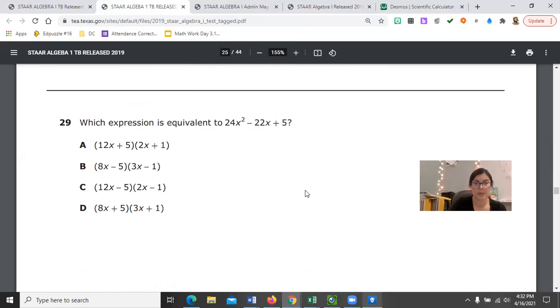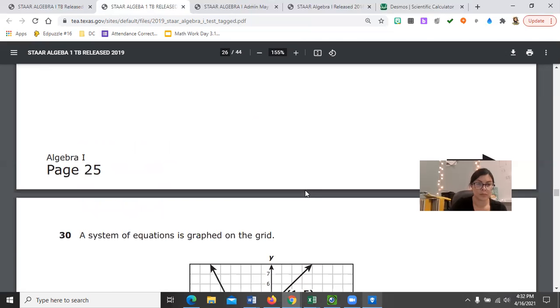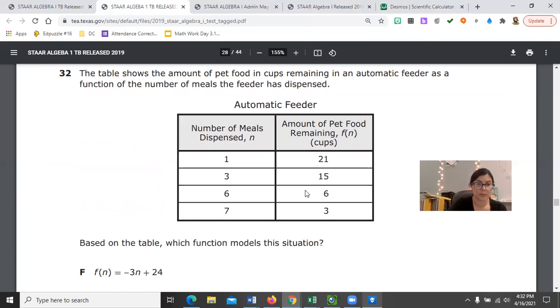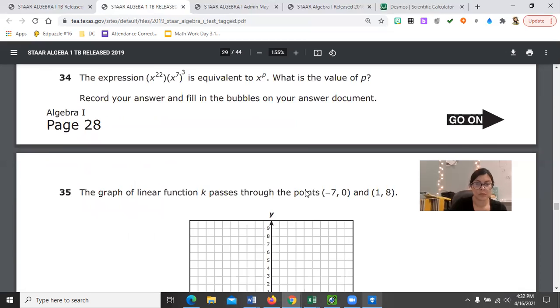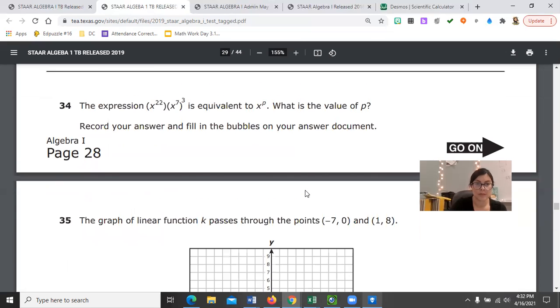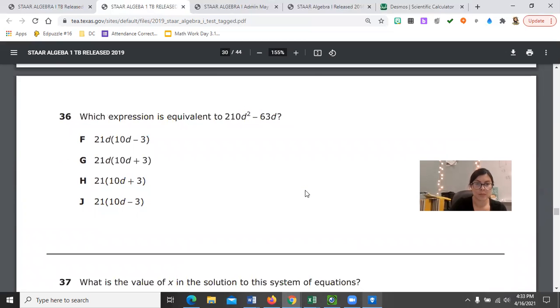Try this one. Try this one. Try this one.